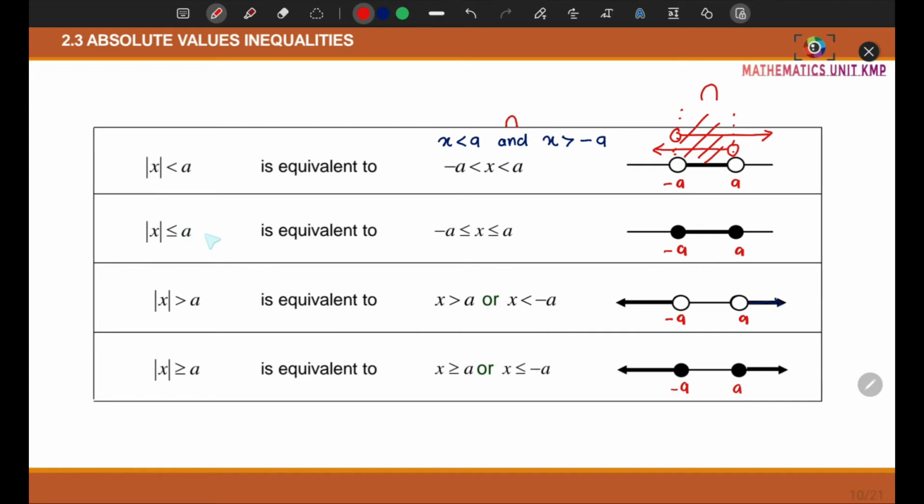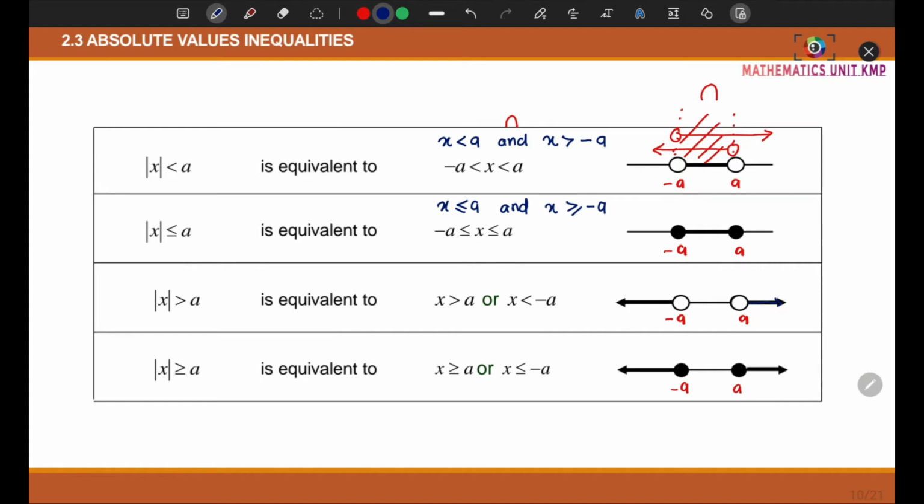Next, if we have absolute value of x less than or equal to a, it is equivalent to x less than or equal to a and x greater than or equal to negative a. So the intersection is from negative a to a. Next, if we have absolute value of x greater than a, it is equivalent to x greater than a, which is this part, open circle to the right, or x less than negative a, empty circle to the left.